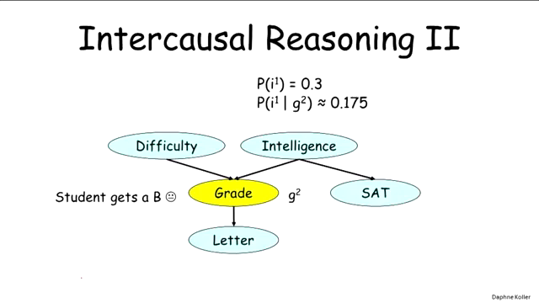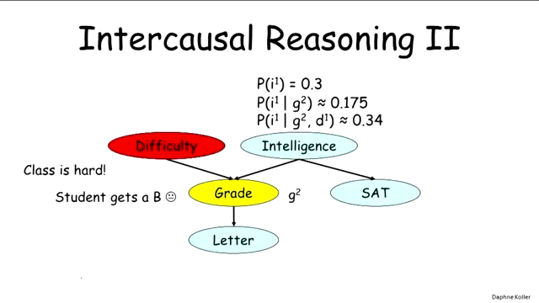It goes down from 0.3 to 0.175. But now if I tell you that the class is hard, the probability goes up. In fact, it goes up even higher than this. So this is an illustration where this intercausal reasoning can actually make a fairly significant difference in the probabilities.